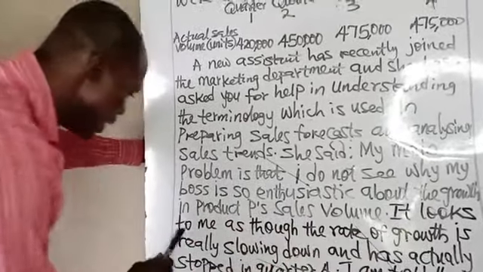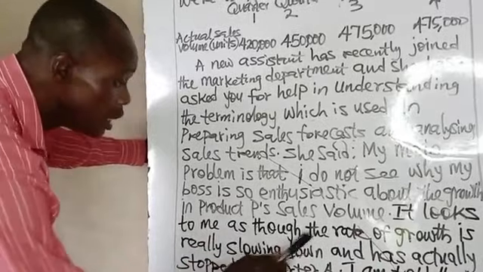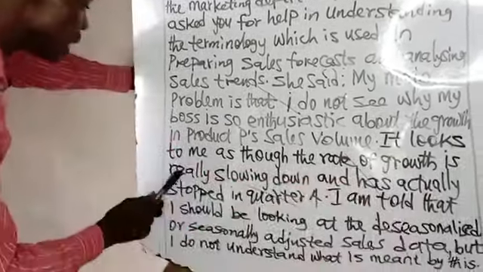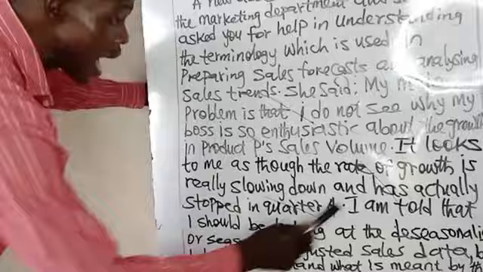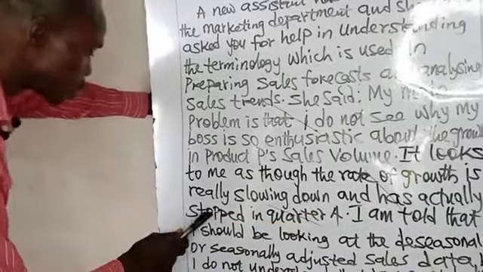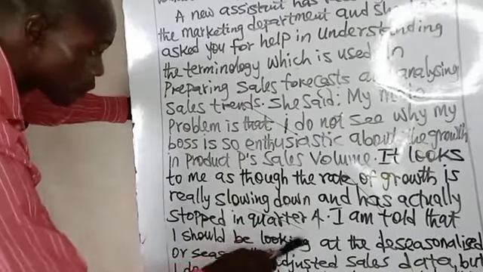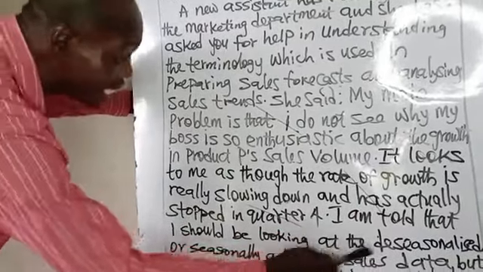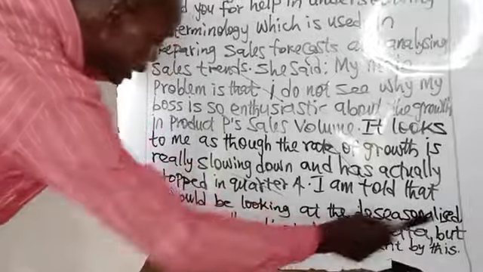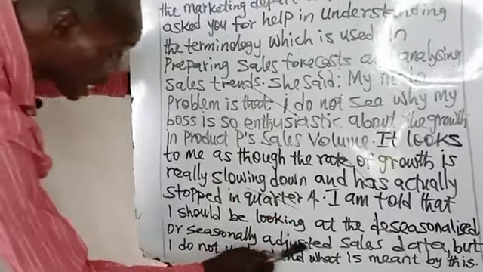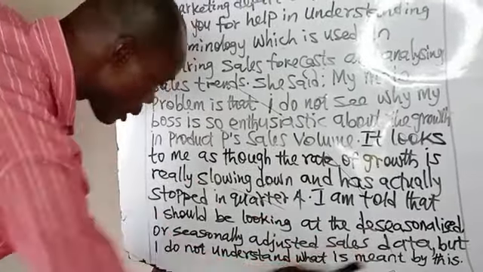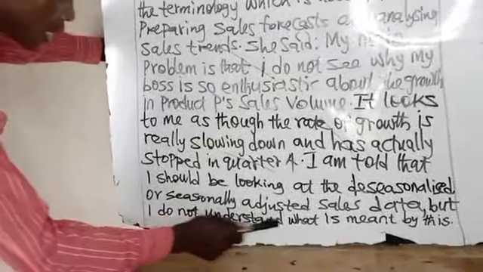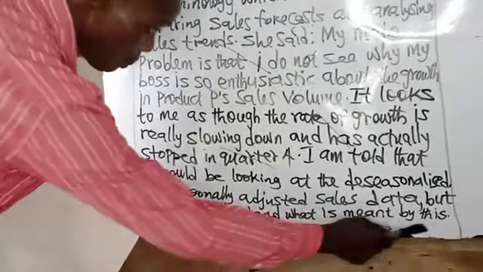It looks to me as though the rate of growth is really slowing down and has actually stopped in quarter 4. I am told that I should be looking at the deseasonalized or seasonally adjusted sales data, but I do not understand what it means by this."